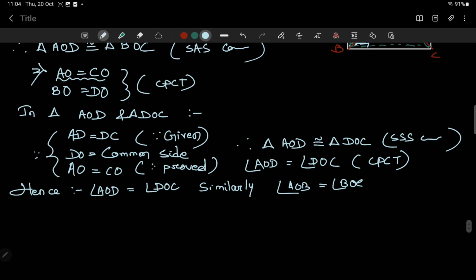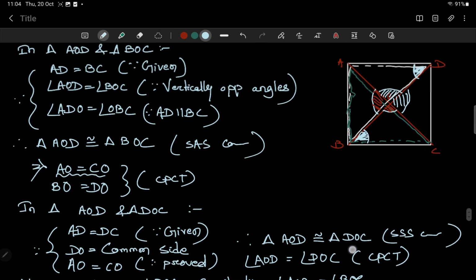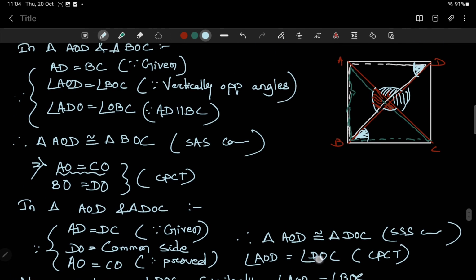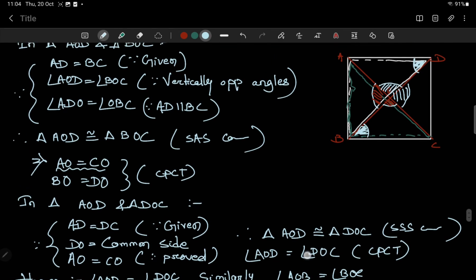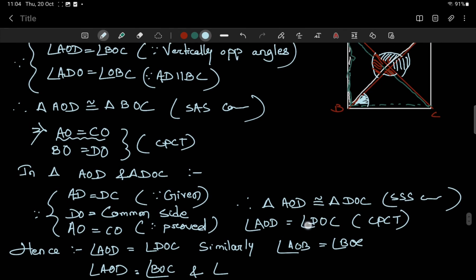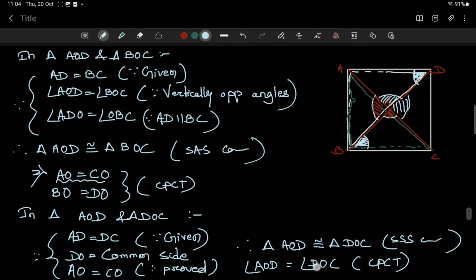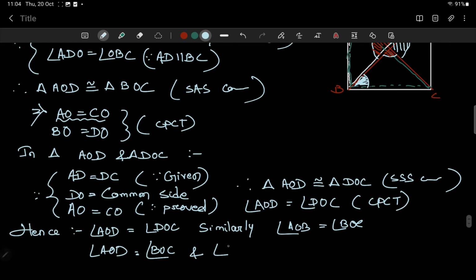But we also know that angle AOD equals angle BOC, and angle AOB equals angle DOC. Why are they the same?